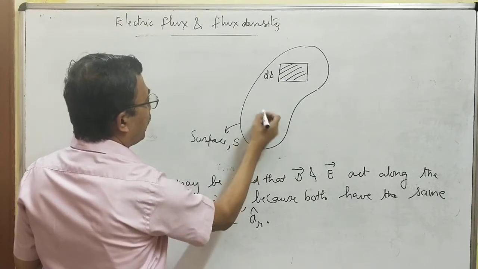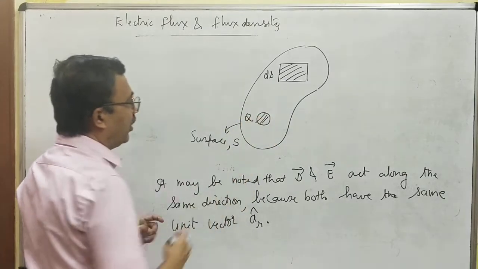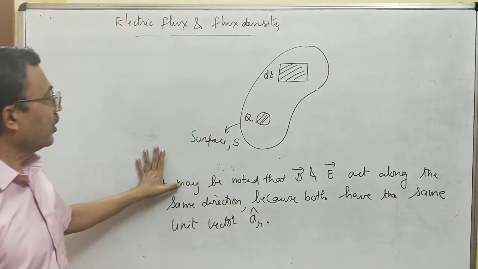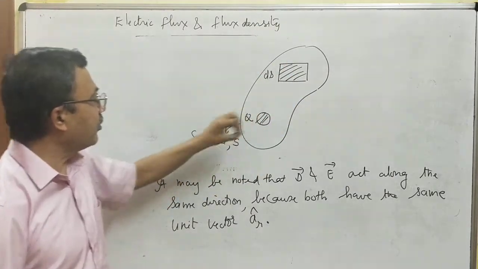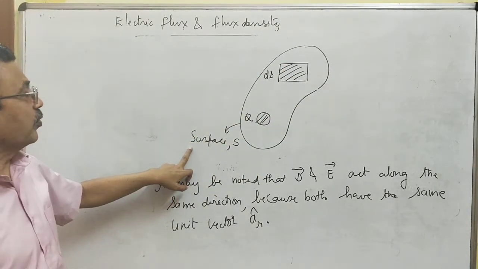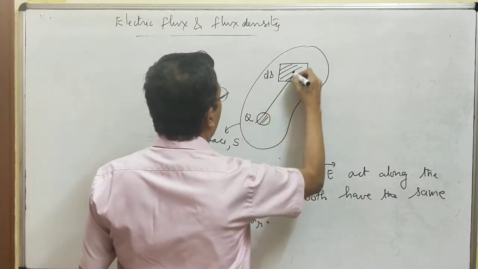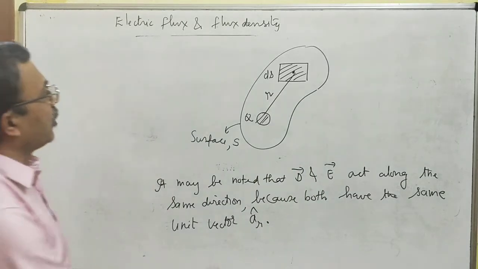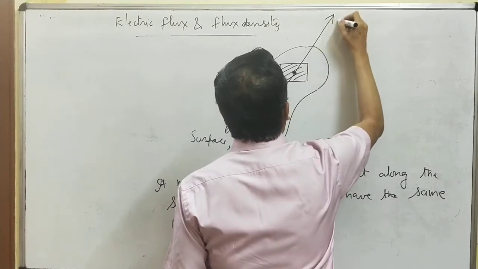Let us assume this surface S has enclosed a charge Q. Once I say it has enclosed a charge Q, then it has to be a closed surface. The midpoint of ds and Q have a separation equal to r. If you keep 1 coulomb charge at point P, it will be repelled, and that force is vector E.